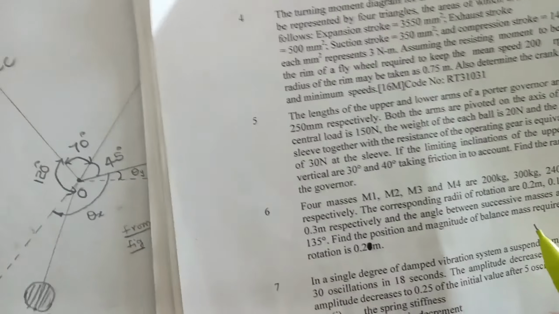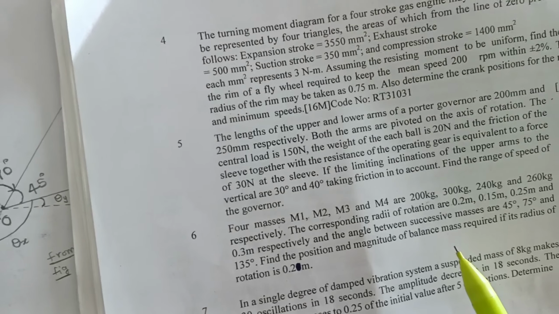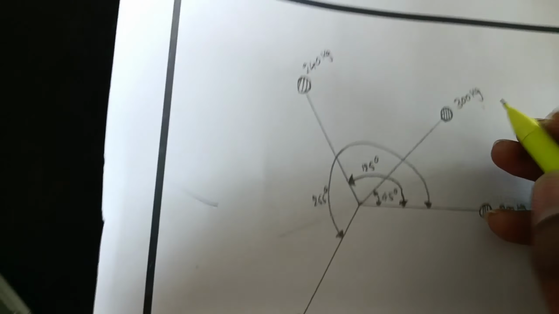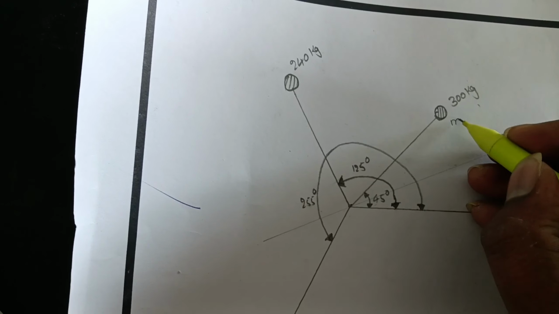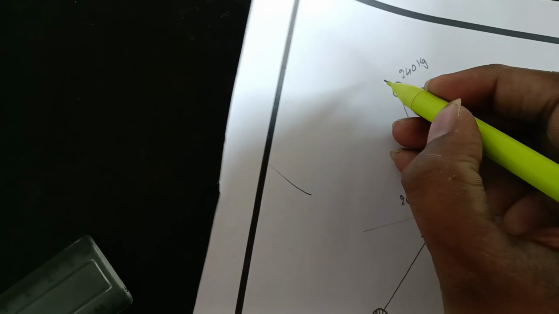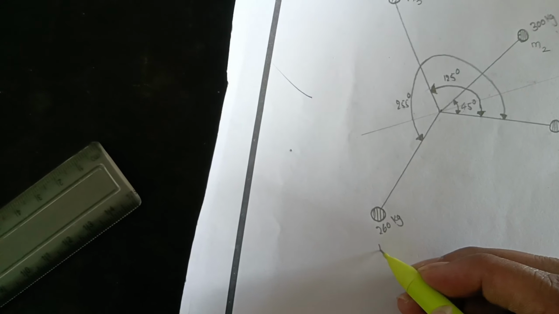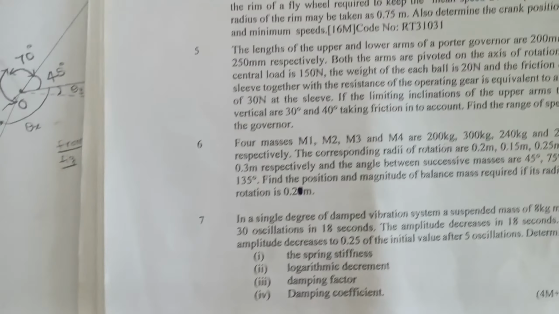Next one M2, 300 kg, next 240 and 260. This is M2, this is M3 and this is M4. Like that we have 4 forces.